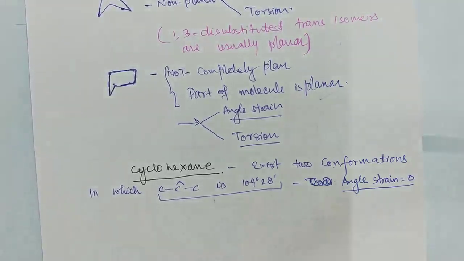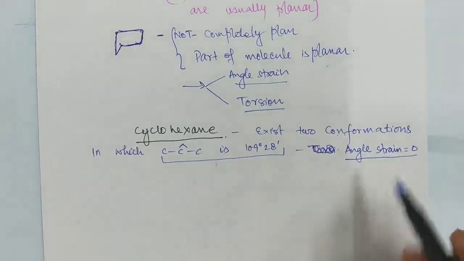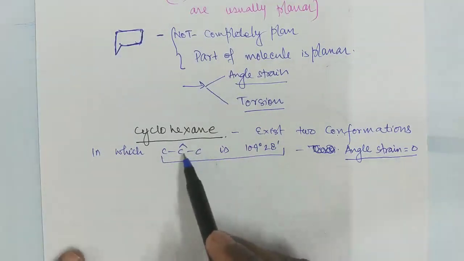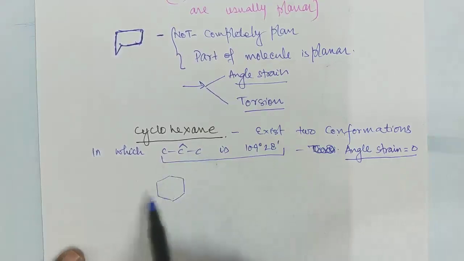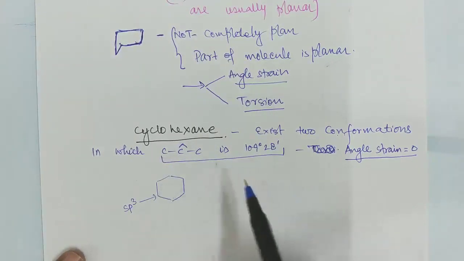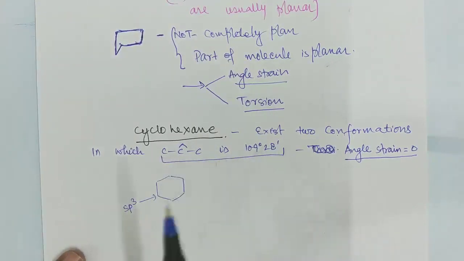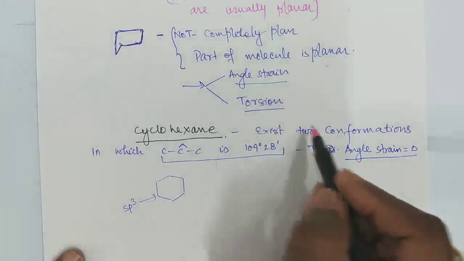Torsion strain may or may not be present. That depends on case to case. Why? Because the normal cyclohexane molecule is sp3 hybridized, so definitely 109 degree 28 minute. And here the experimental value is also 109 degree 28 minutes. So the angle strain is zero.